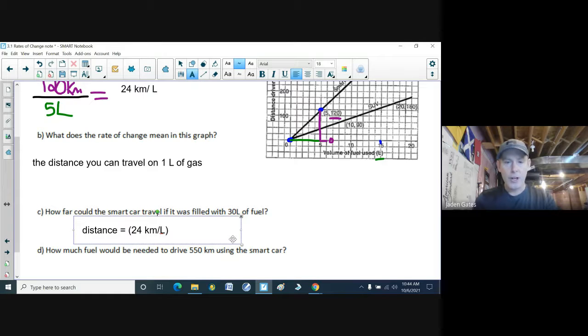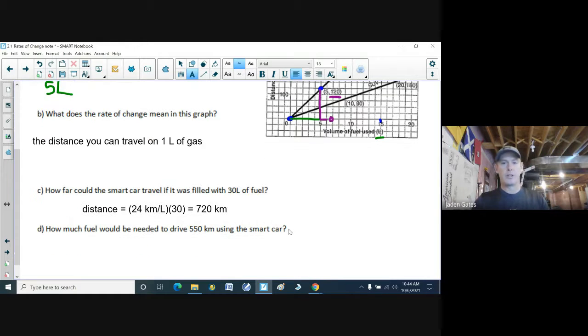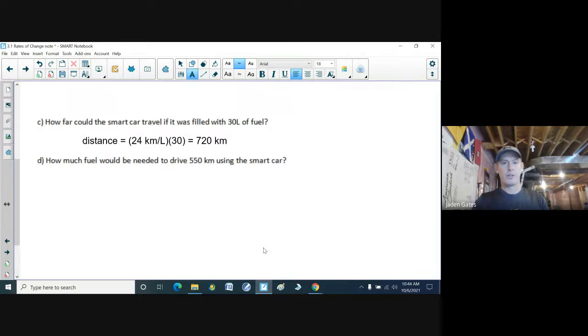We're traveling 30 of those. So I'm going to multiply by 30, because we can travel 24 kilometers with 1 liter, but now we got 30 of them. And so I take my 24 and I times it by my 30. And this person can travel 720 kilometers on 30 liters of fuel. I wish, not my car.